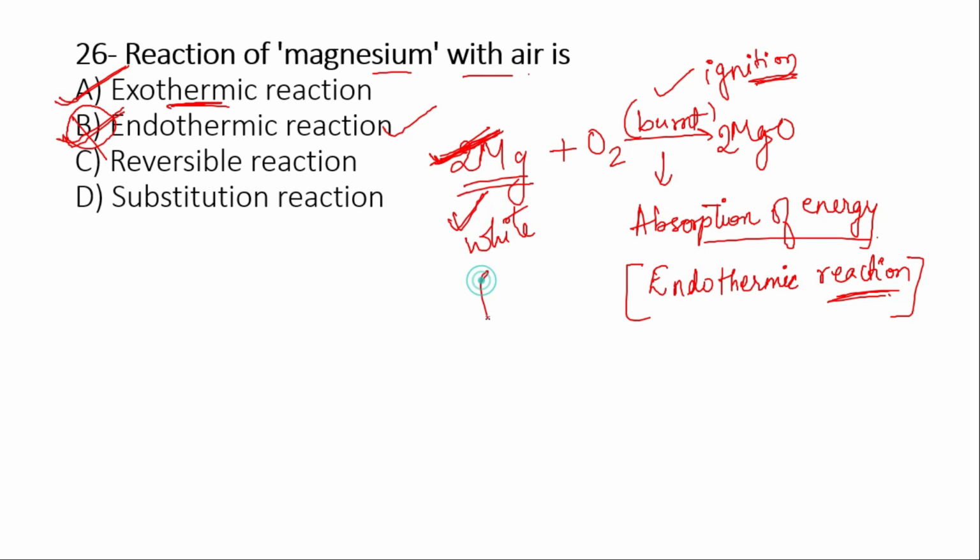This has been completed in your theory sessions also. So when it is showing white flame, it burns itself. That means it is producing heat energy and light energy. So when there is a production of heat energy or light energy, then the reaction will be exothermic. So absorption is not the case, endothermic is not the case. I hope now it is very clear to you. So the reaction of magnesium with air is an exothermic reaction.